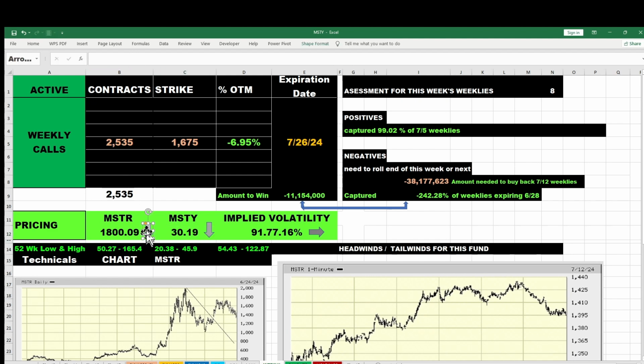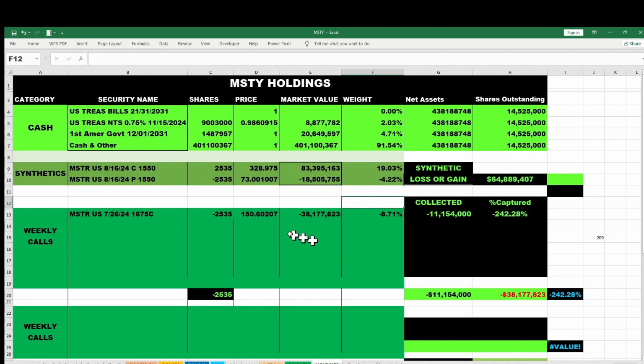Okay, so both of these continue to move up. Not a lot, right? But some. And sometimes it's hard to explain when you're already capped in that situation with the 1675. Let me go look. I might have closed that detail sheet. So hopefully that's correct. Let me see on my holdings.